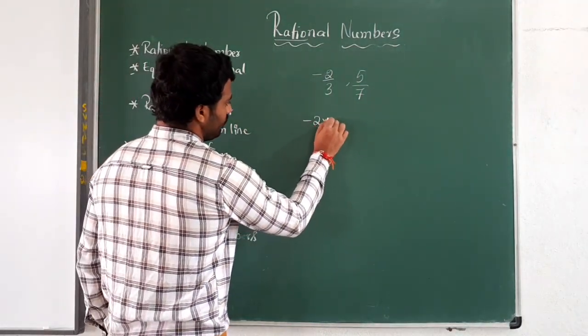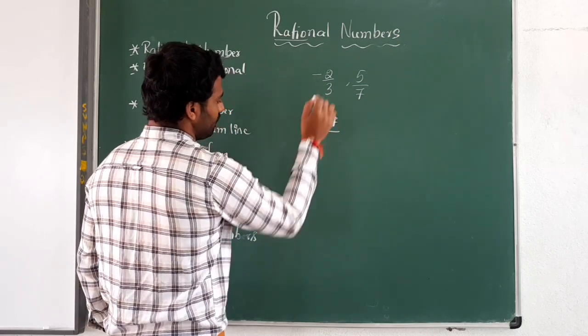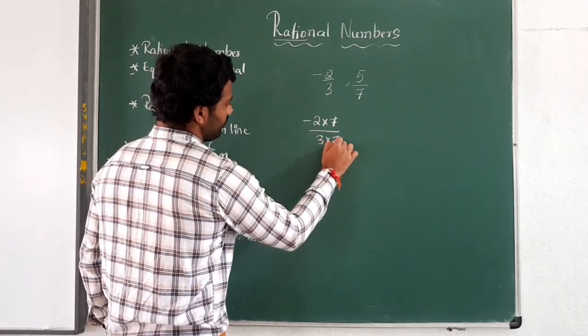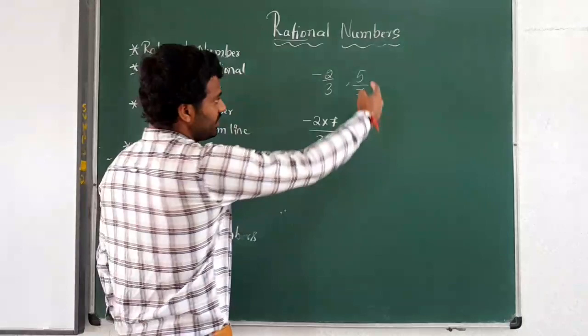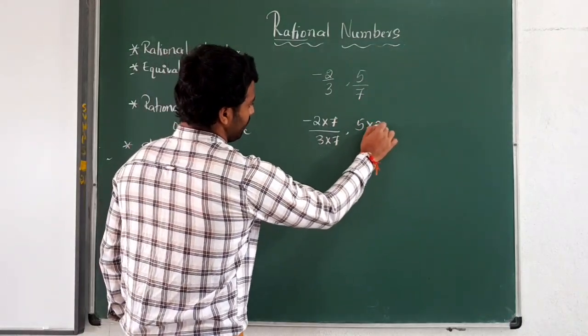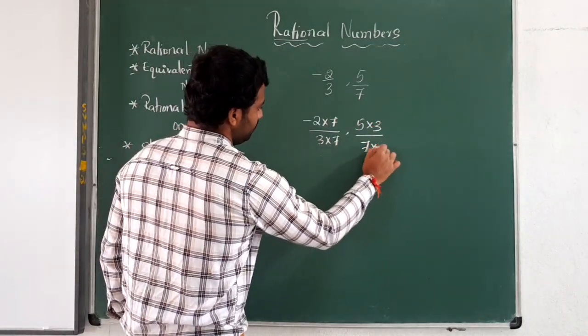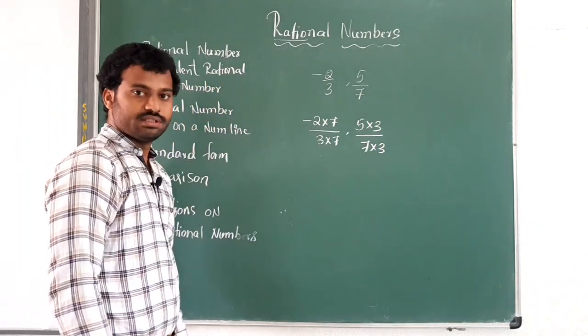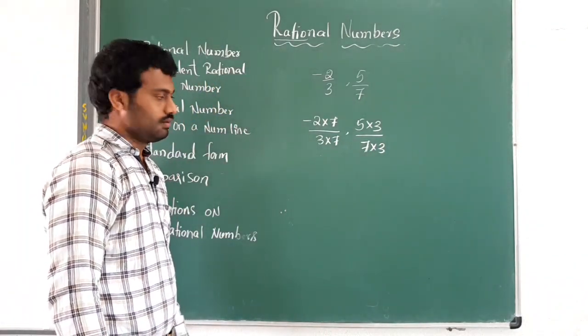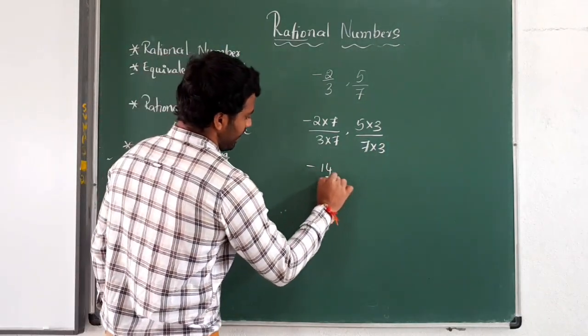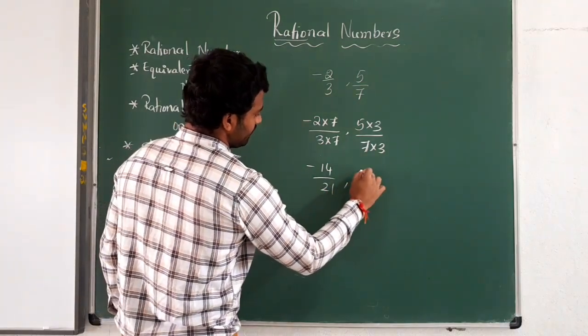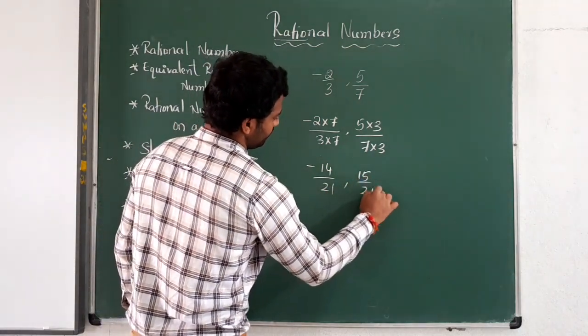For that what we have to do? 7 we have to multiply for this rational number. Here 3 we have to multiply. 2 into 7, 5 into 3. So minus 14 by 21, here 15 by 21.